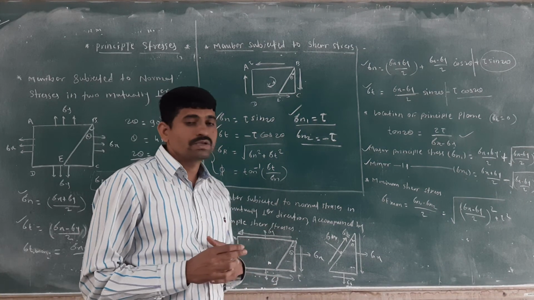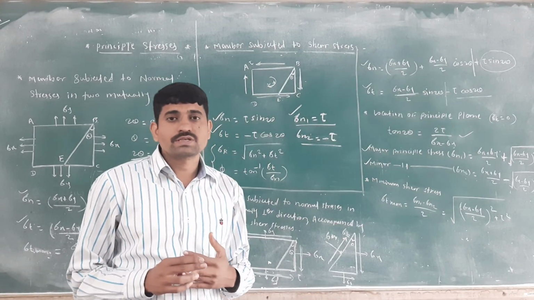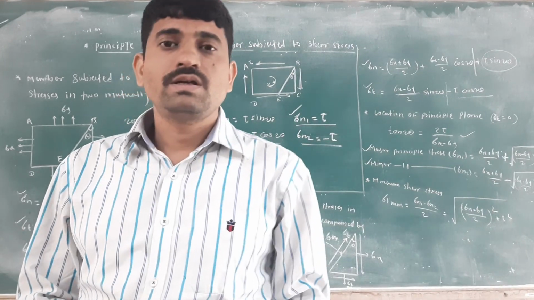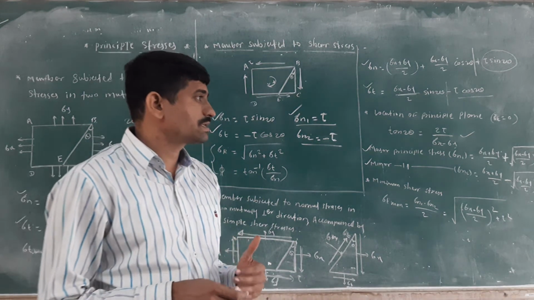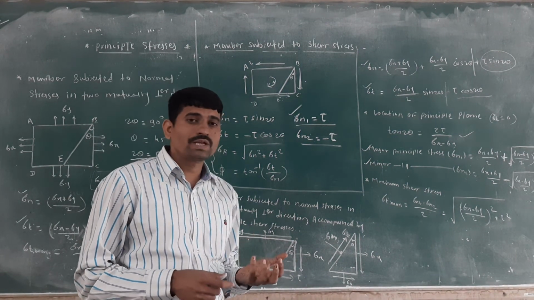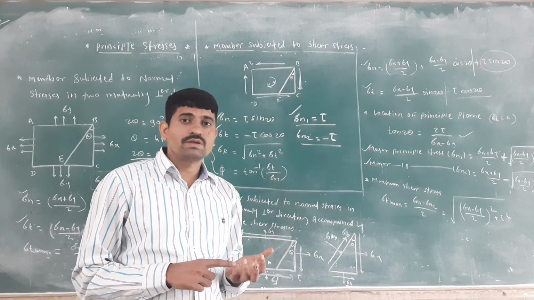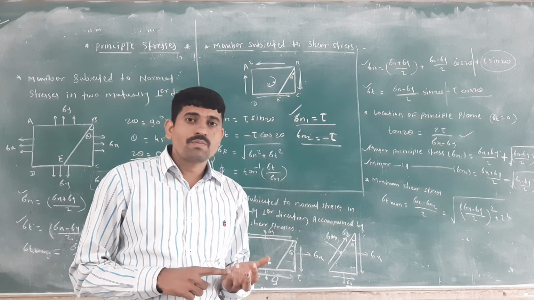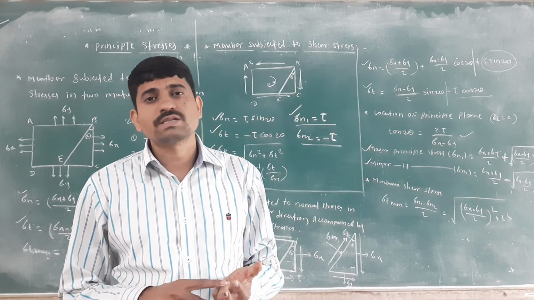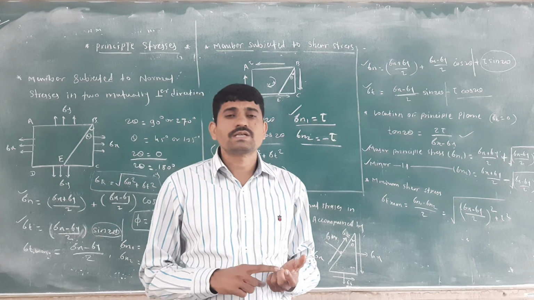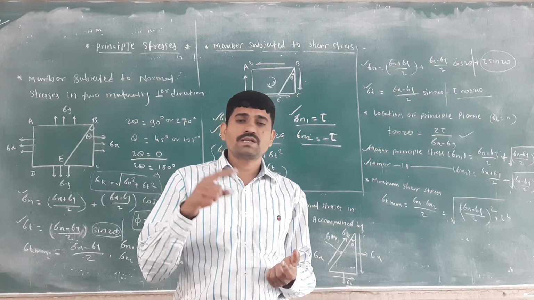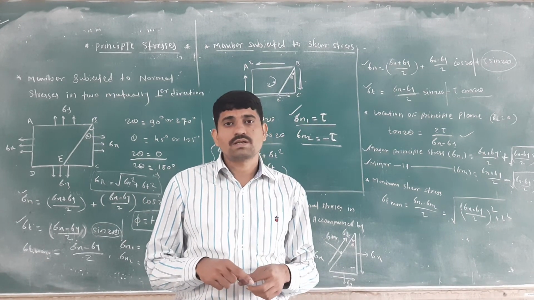These 3 derivations we will see in the next lecture. With the help of a graphical method, you can find the value of normal stress, tangential stress, and resultant stress. This circle is known as the Mohr circle.